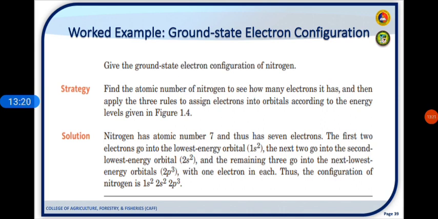The first 2 go into the lowest energy orbital, 1s2. The next 2 go into the 2s2. The remaining 3 go into 2p3, with 1 electron in each. Thus, the configuration of nitrogen is 1s2, 2s2, and 2p3.